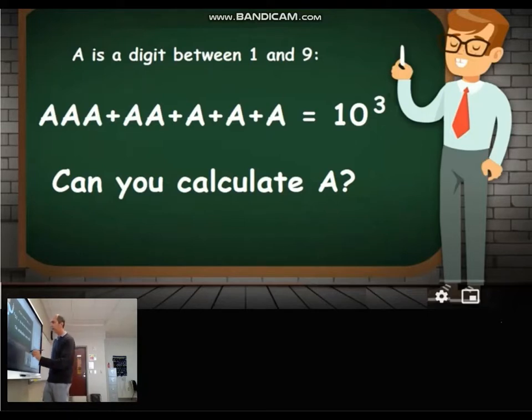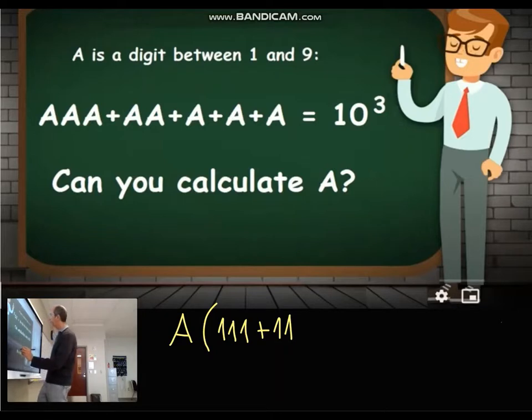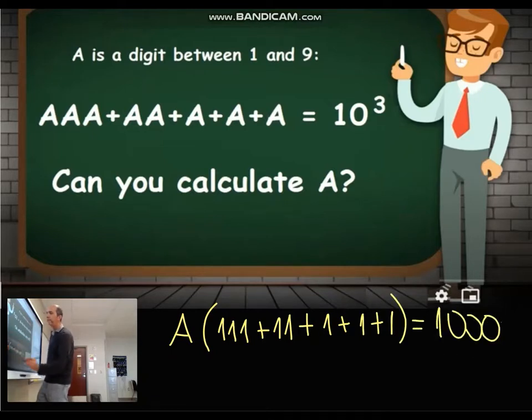Or you can calculate. One way of calculating it is you can factor out A times 111 plus 100 plus 11 plus 1 plus 1 plus 1 equals 1000, right? If you add, this is going to be 125.